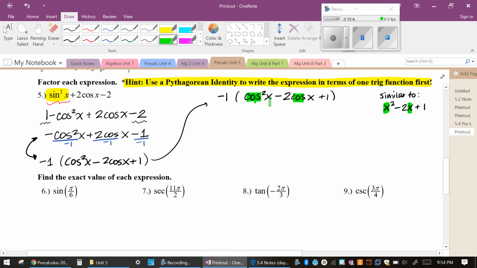So cosine squared x is your x squared, minus 2 cosine x is your minus 2x, and then plus 1. Okay, this factors to x minus 1 and x minus 1, or x minus 1 squared, because there's two of the same ones. Either one of those is correct.